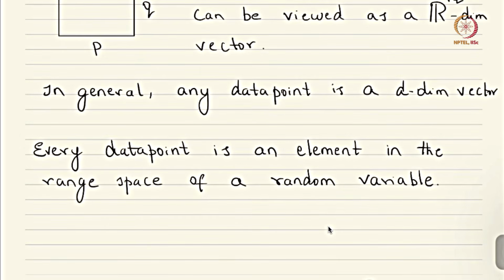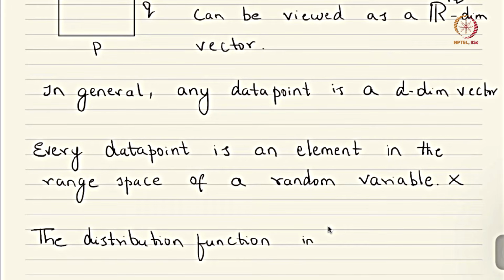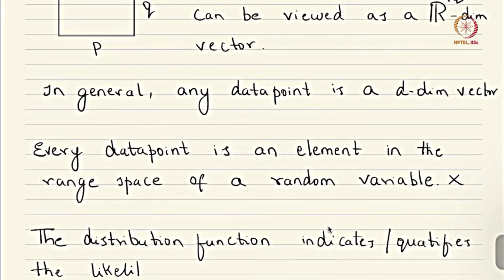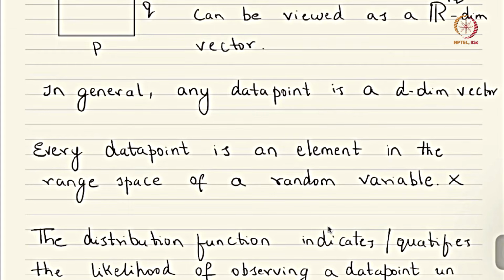The other important observation is that the distribution function of a random variable x indicates, or rather quantifies, the likelihood of observing a data point under x. View x as some observations.